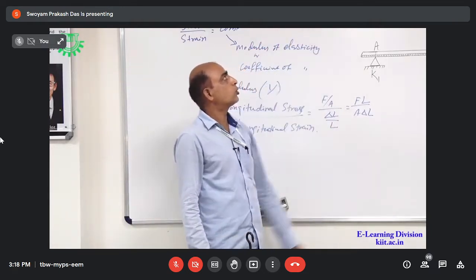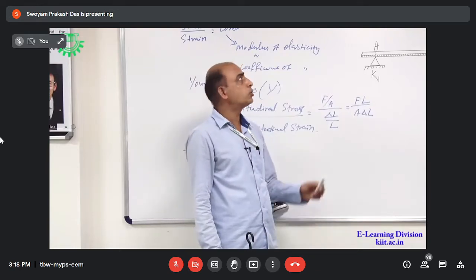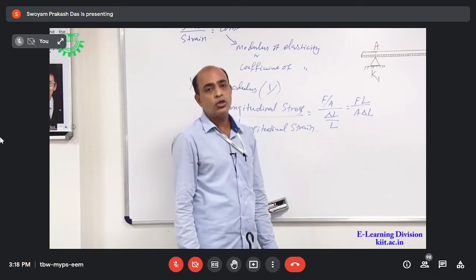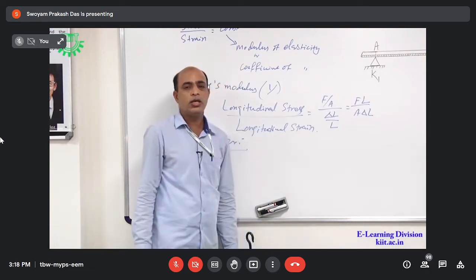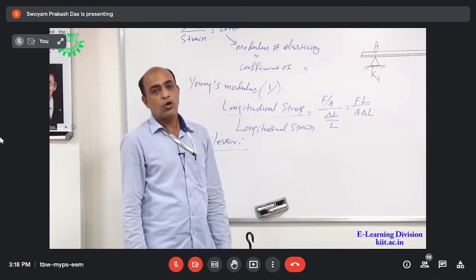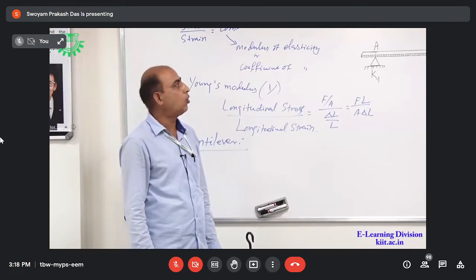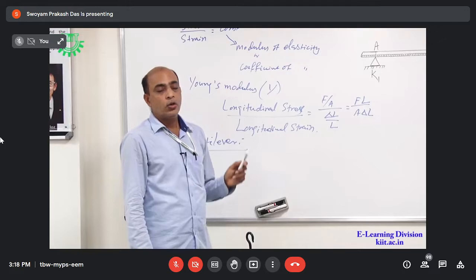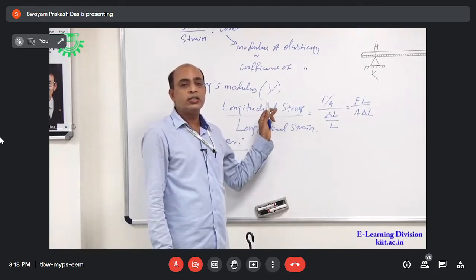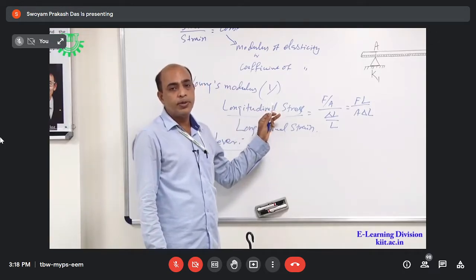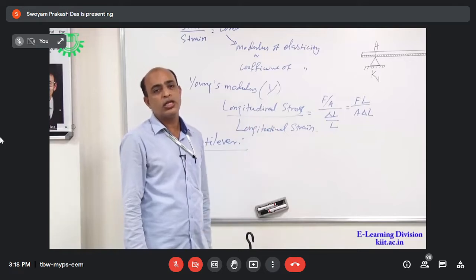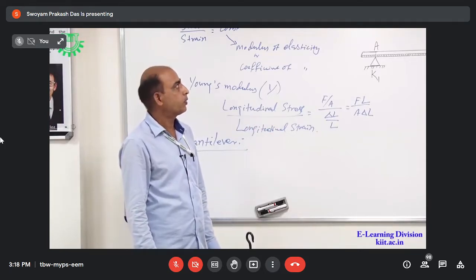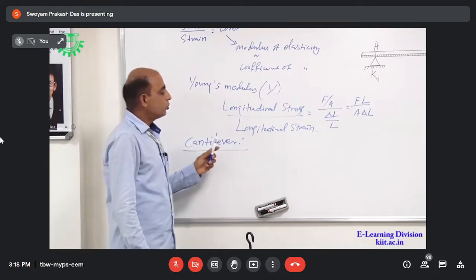So whenever the term beam comes, we have to think that it must be a long rectangular rod, steel or iron, whatever different material, whose thickness and breadth are very much less in comparison to its length.